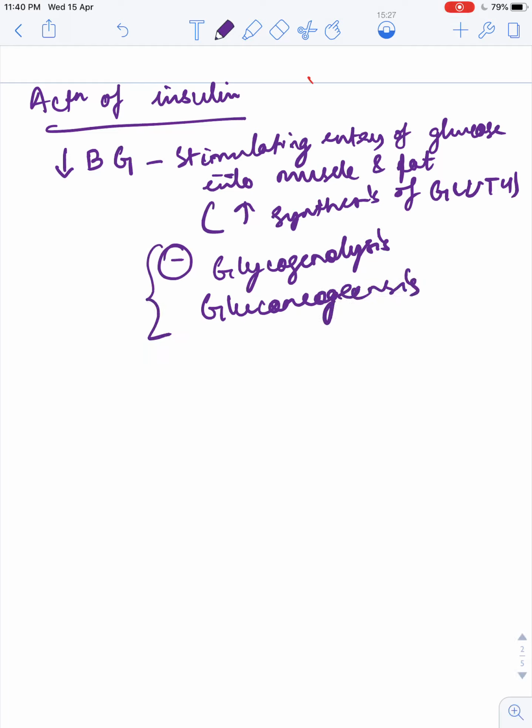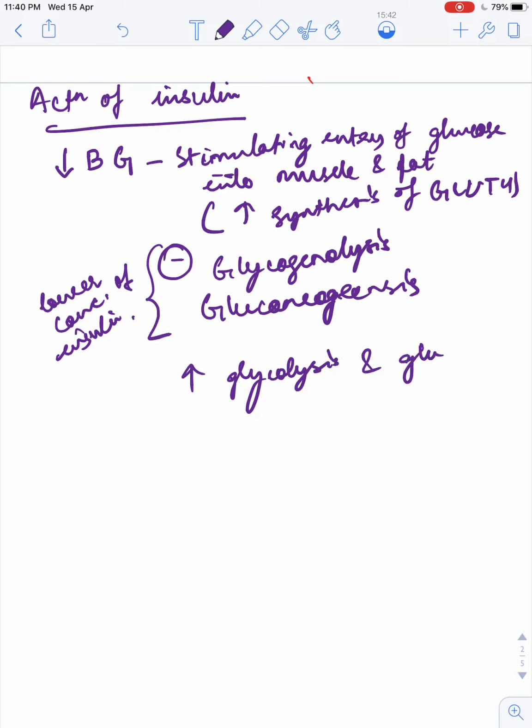These things are inhibited at lower concentration of insulin, and it increases glycolysis and glucogenesis. These things are aggravated at more concentration of insulin.